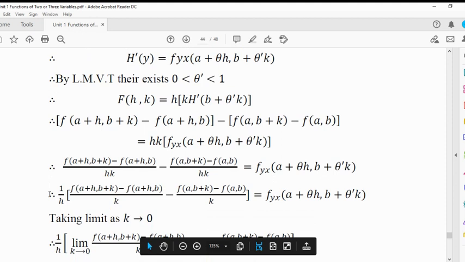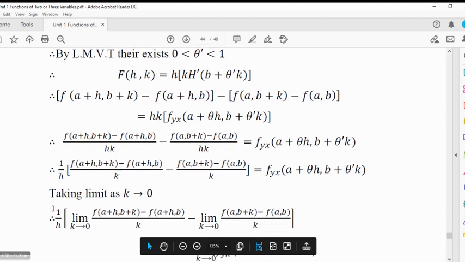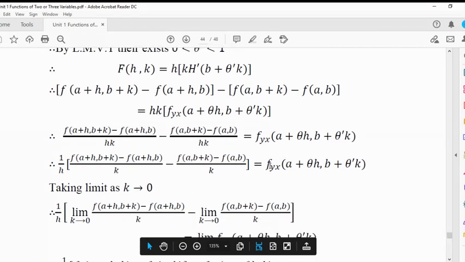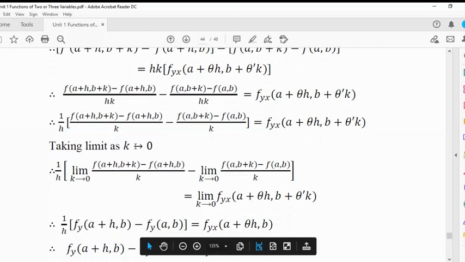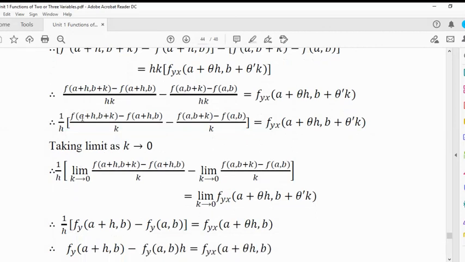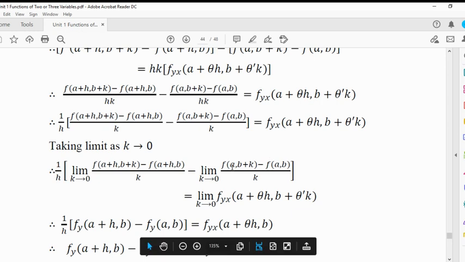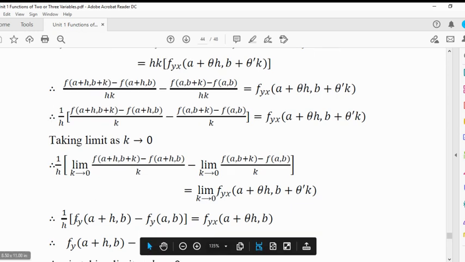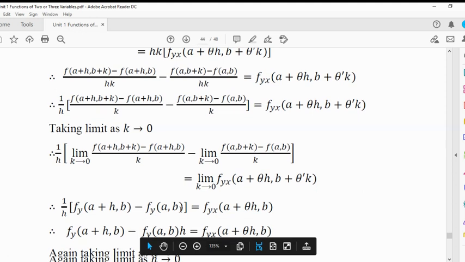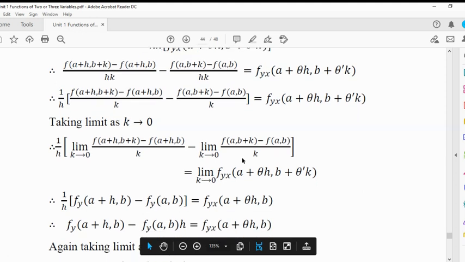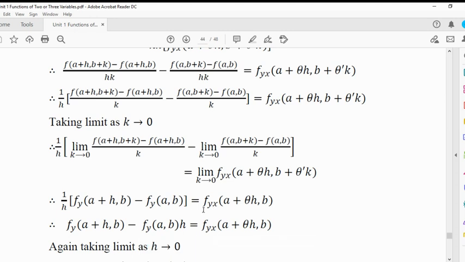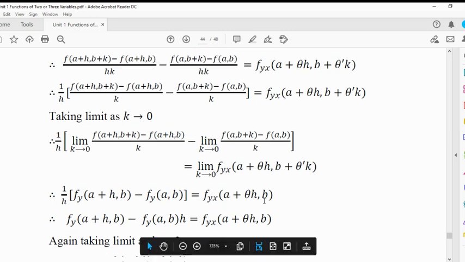Now we can take 1 upon h as common and keep k in the denominator. Now take k tends to 0 from both sides. If you take the limit k tends to 0, this limit becomes fy of (a plus h, b) minus fy of (a, b), and the limit of the right side, if we put k equal to 0, gives fyx of (a plus theta h, b).